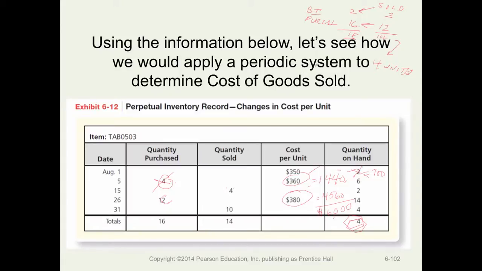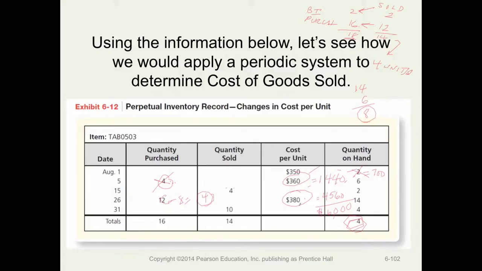So if we sold 2 units from the beginning inventory, 4 units from the first purchase, that's 6. So we have 14 units sold in total. We've accounted for 6 units. There's 8 units that we've sold. They must have come out of the 12 units purchased.